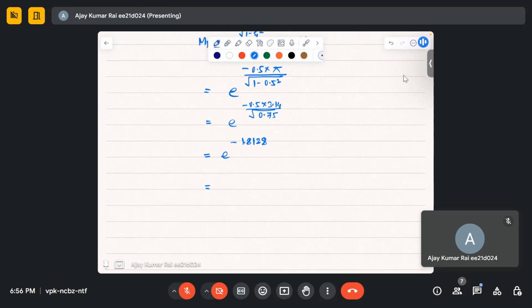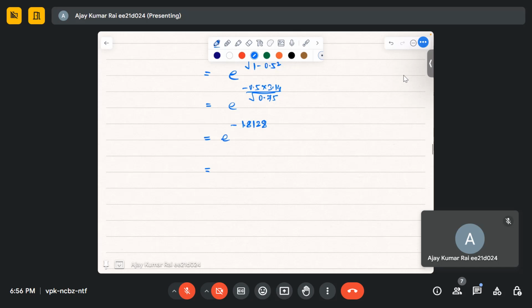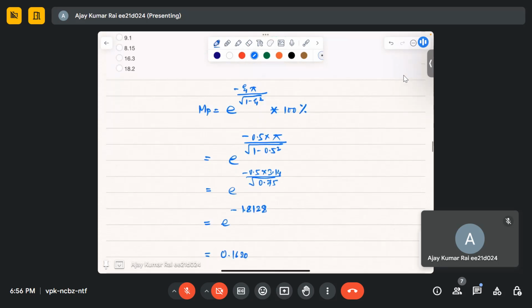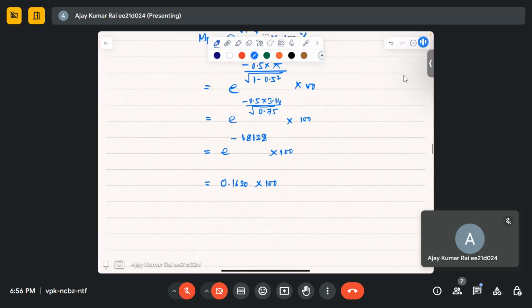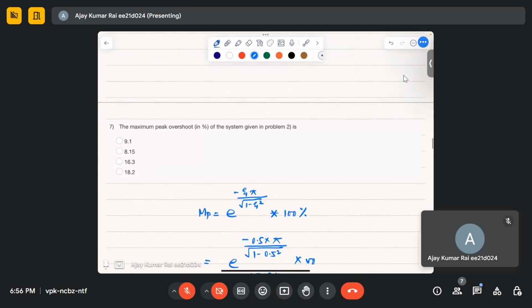E raised to power minus 1.8128 is 0.1620, and we have to multiply by 100 to get the percentage, so 16.20.